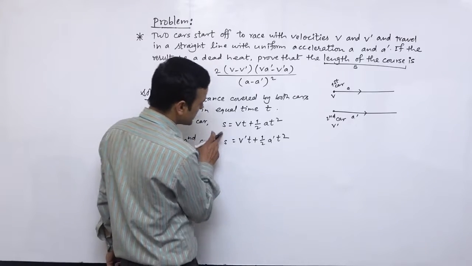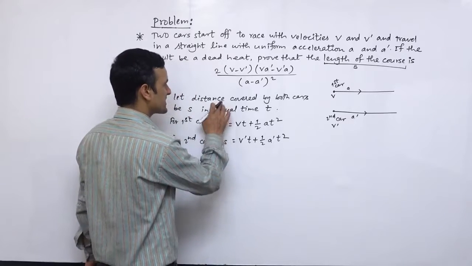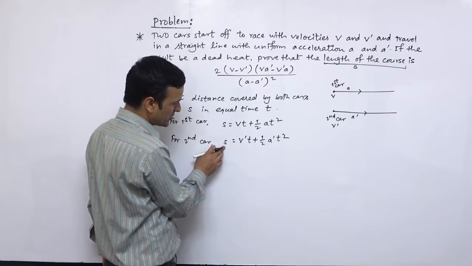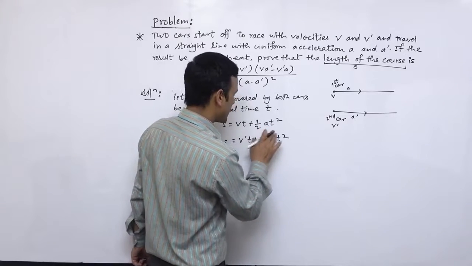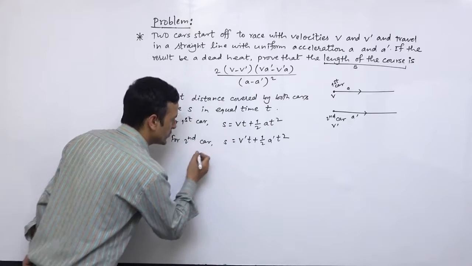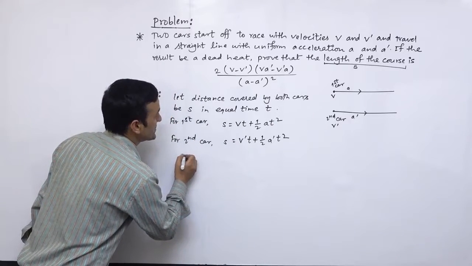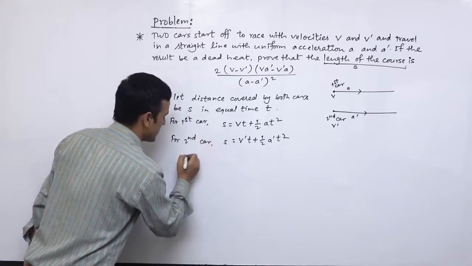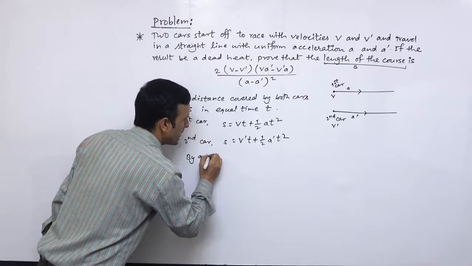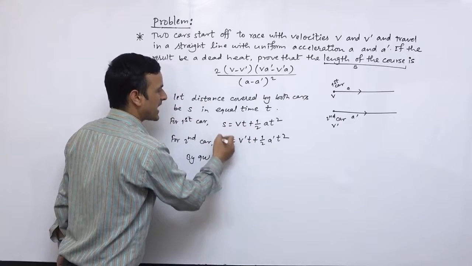So both distances are equal because the distance covered by both cars is s, meaning they are equal. So we can equate this and this, from 1 and 2, by the question. Here both are s.